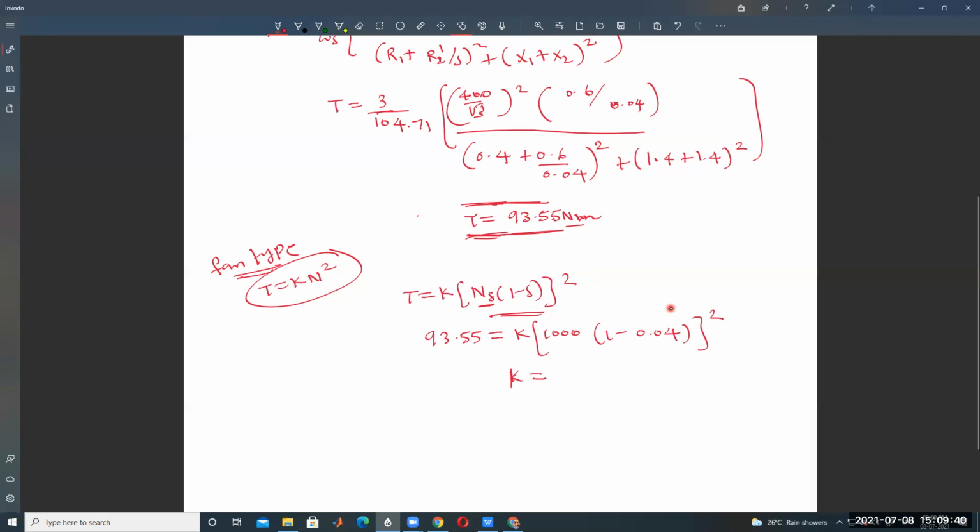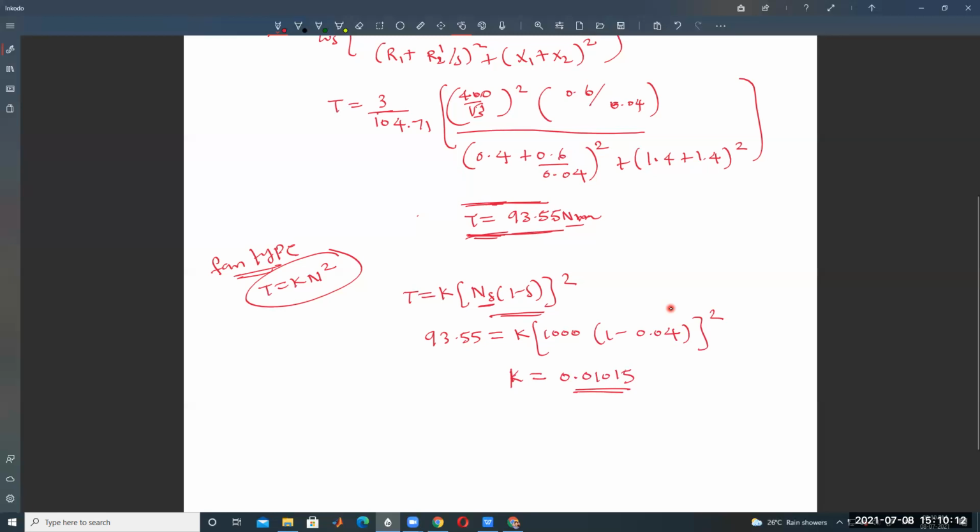Anyone respond? 1 minus 0.04. 0.01015. 0.01015.